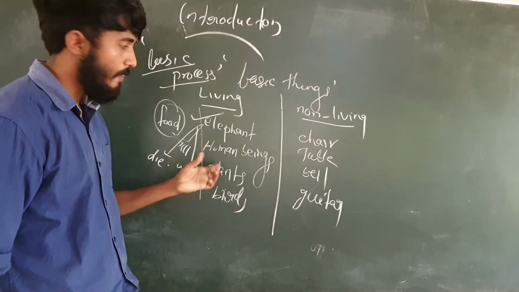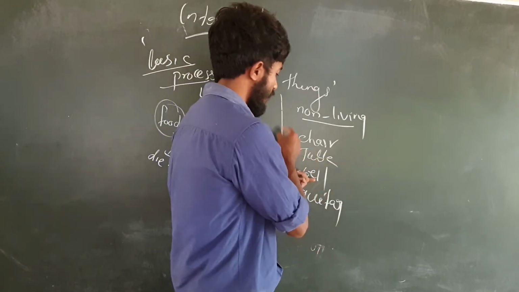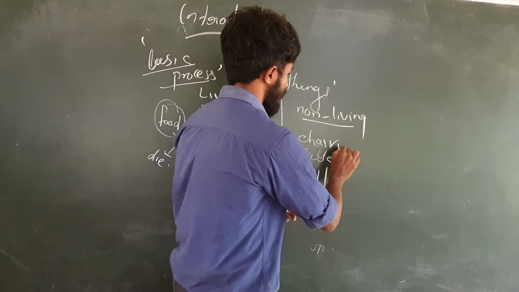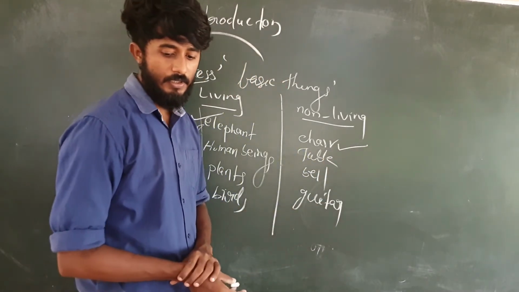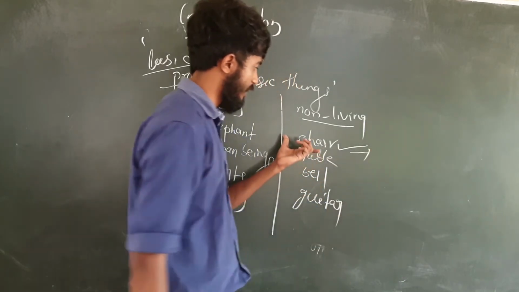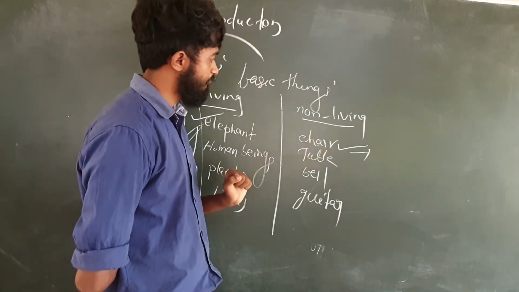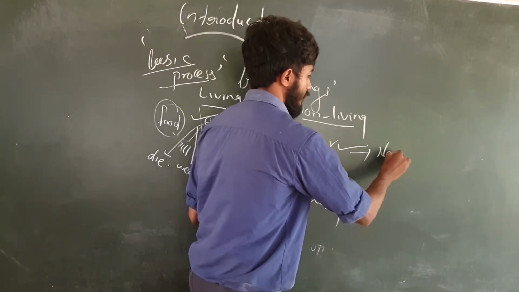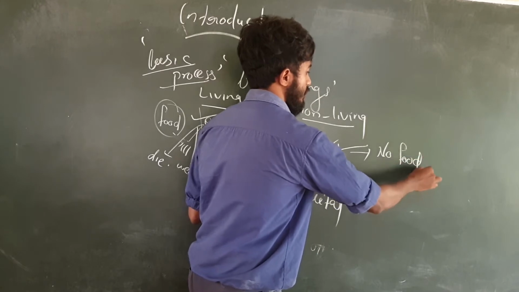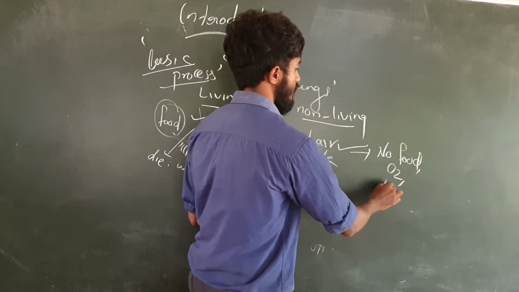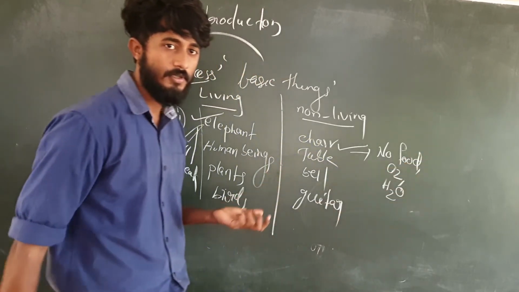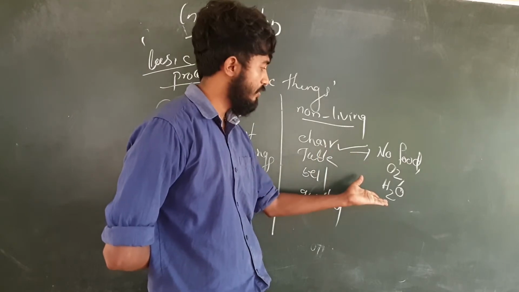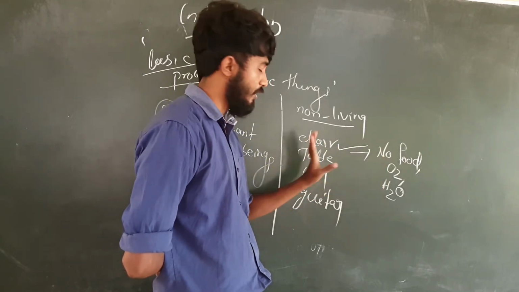On the other side we have non-living components. Consider one of the non-living things, the chair. Does the chair need food? No. A chair needs no food, no oxygen and no water, isn't it? It is not essential for their survival.